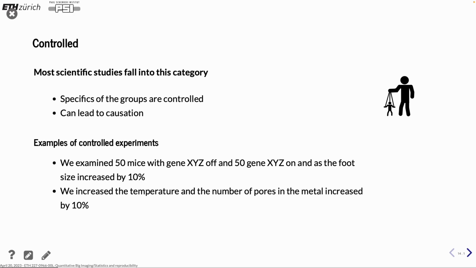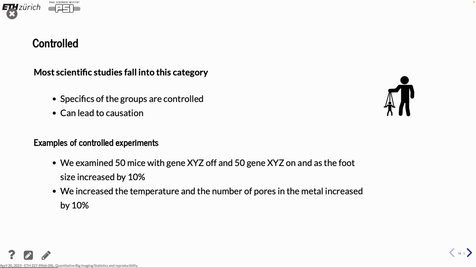Examples are, we have a batch of 50 mice, and there is some gene which is on those, and the gene is off in the other ones, and it seems like the foot size increased by 10%. That is a typical type of example.